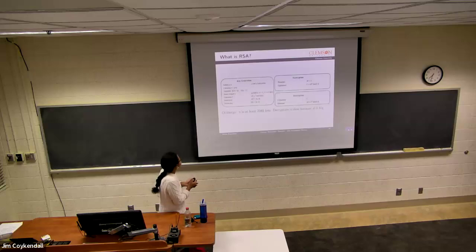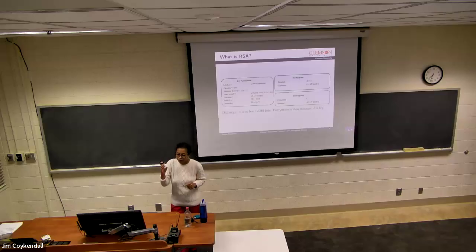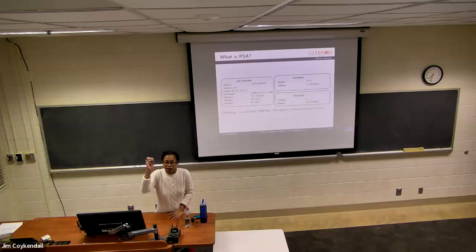And then you compute D, which is the inverse of E modulo phi of N. So when you have something that is small and is not 1, and you take its inverse, of course it's going to be big. So the public key that you're going to give is E and N, and your private key is going to be D and N.